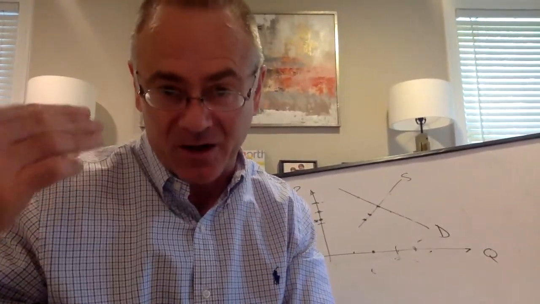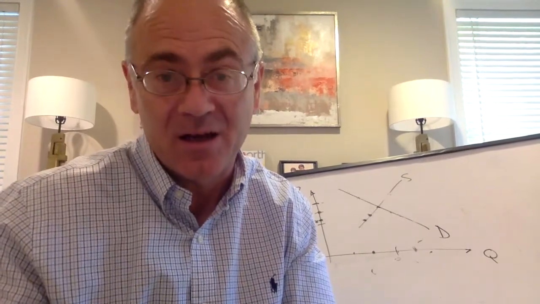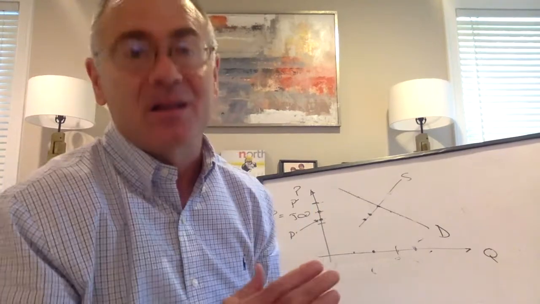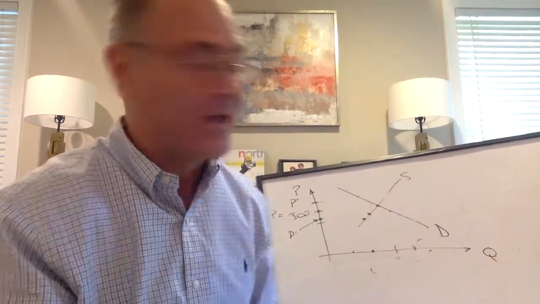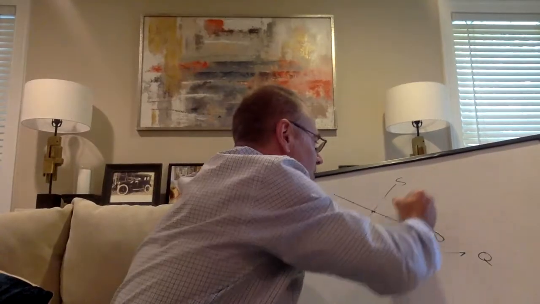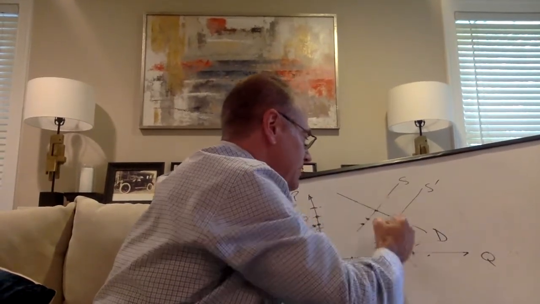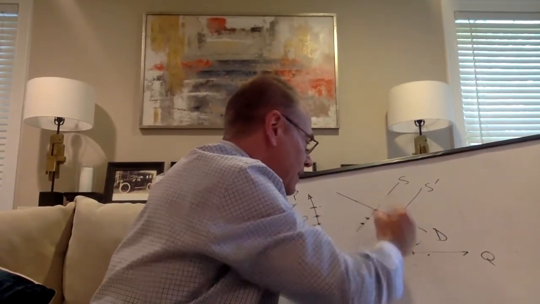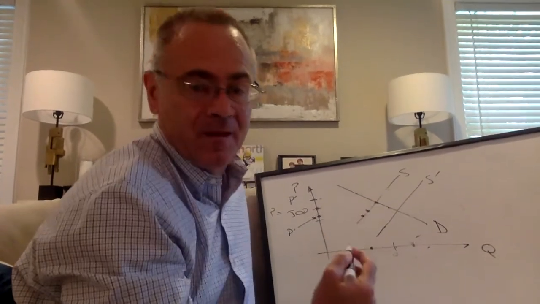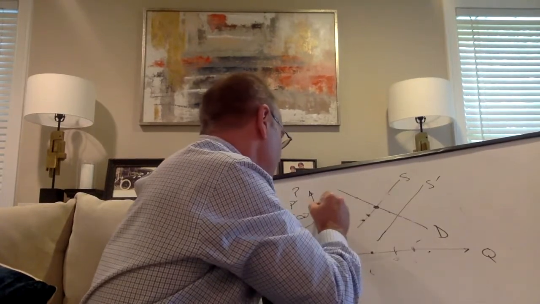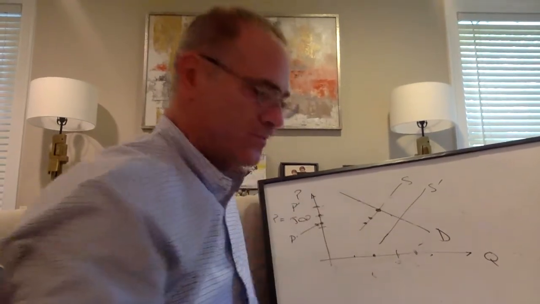The cost for producing cotton will go down. When the costs go down, supply is going to go up. So the supply curve either shifts outward or, if you like, it shifts down. At any given quantity, the price will be lower. When that happens, the market clearing price will go down.